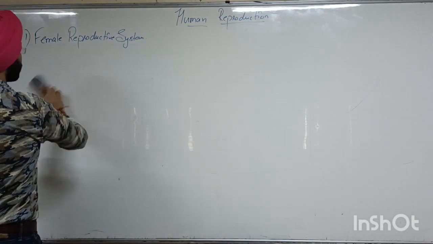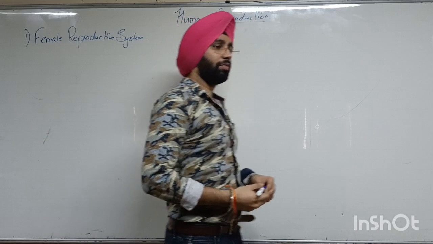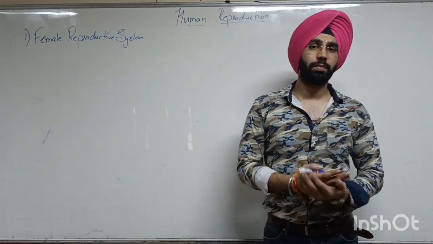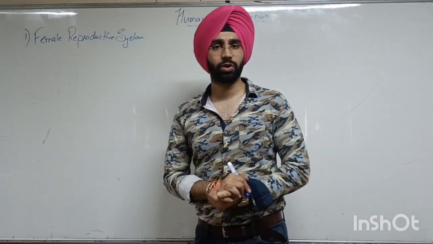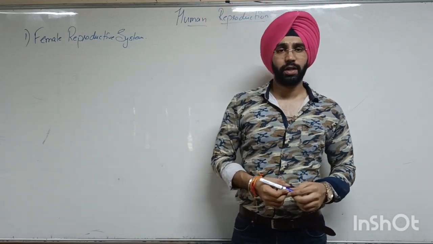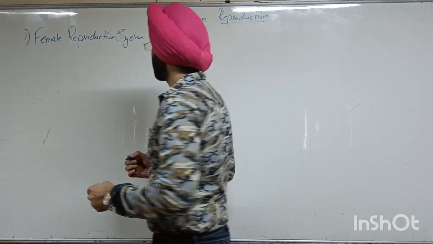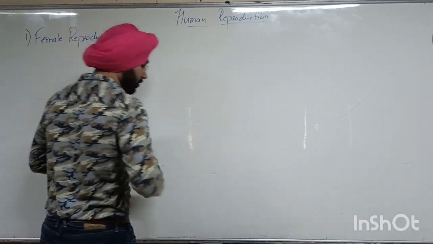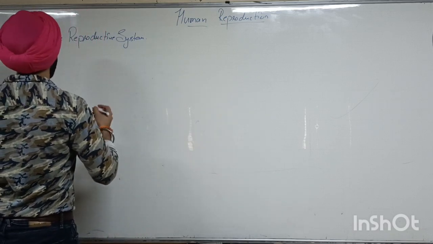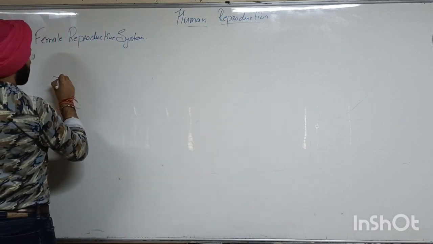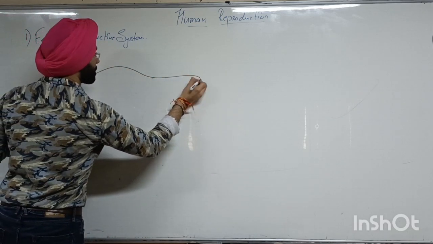So what do you understand by female reproductive system? If there is a male reproductive system, there has to be another part, that is the female reproductive system. We are going to make a schematic diagram of the female reproductive system, which is as follows. I am going to draw the diagram like this.